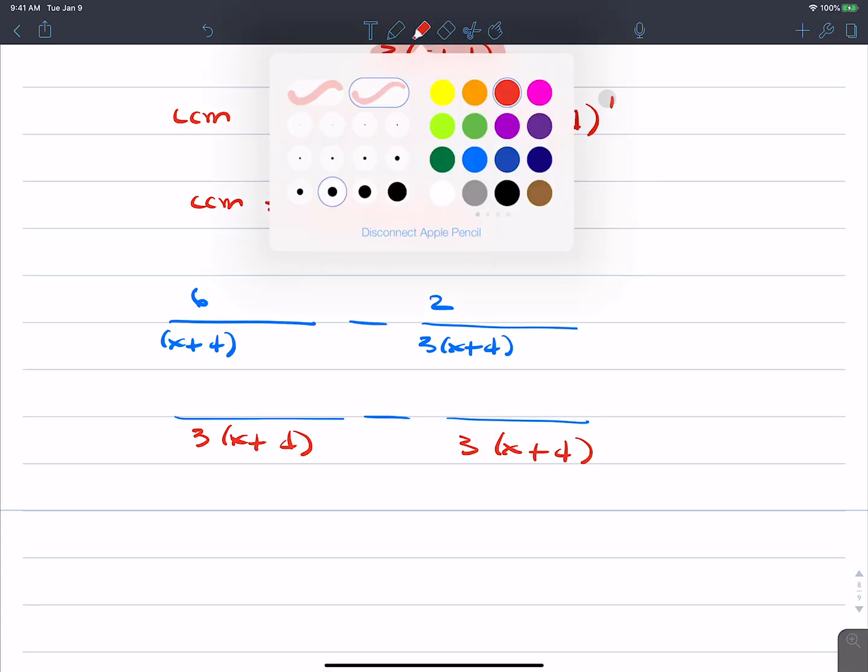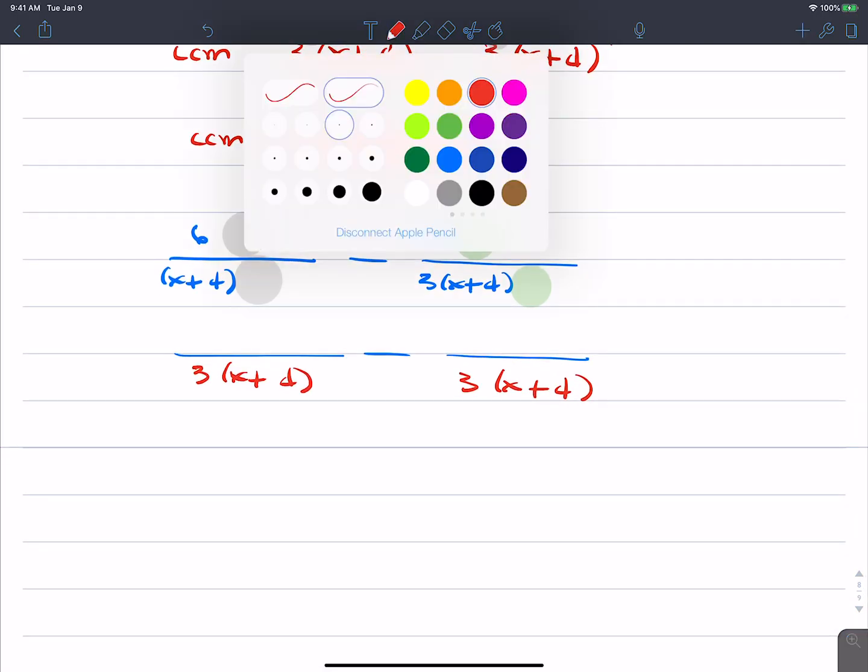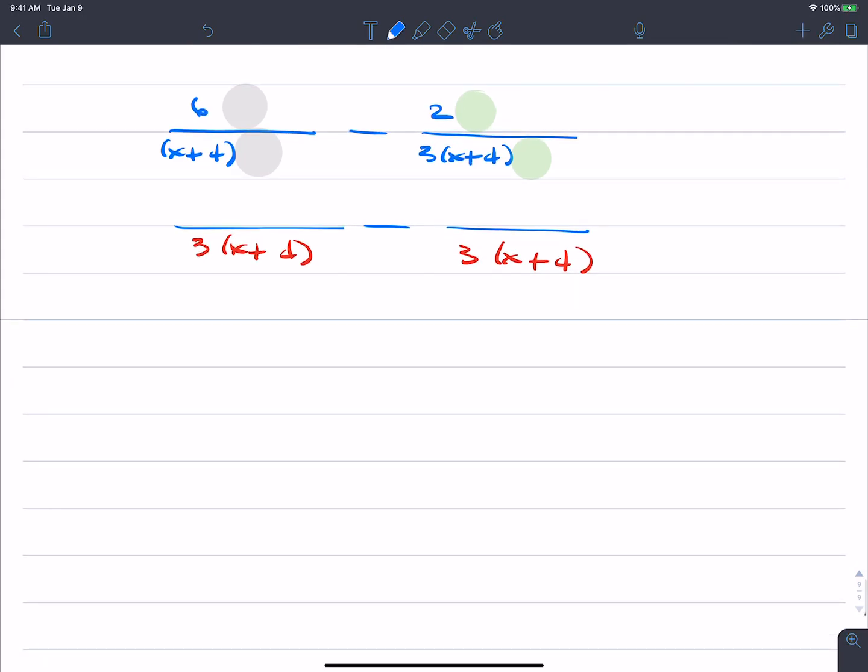We need a term to multiply on top and bottom. So at this point, we need 6 multiplied by some term, and we can look at this x plus 4 down here, and x plus 4 times another term. That term has to be 3. So we're going to multiply that 6 with 3. We got 3 and 3, x plus 4 and x plus 4. The second fraction is already the LCM, so multiply this by 1.